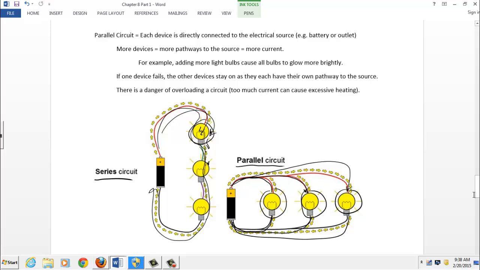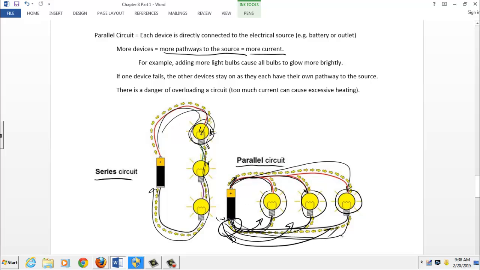In a parallel circuit, each device has its own pathway, and because you have multiple pathways, you have more current. So if you just think about how many electrons are flying out of the battery, let's actually put it on the negative side. The electrons fly out of the battery. There has to be enough electrons to go into the first path, the second path, and the third path. So right as the electrons leave, there's going to be a lot of them coming out.